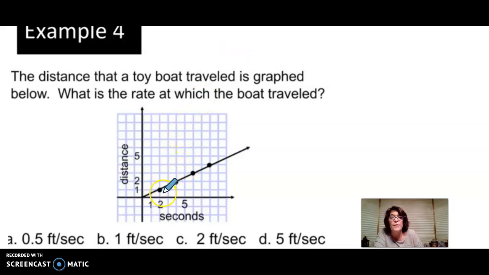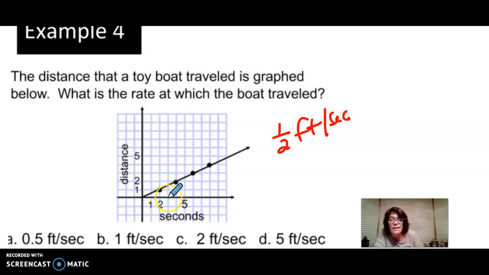That's the rate. At 2 seconds, he was 1 foot. At 4 seconds, he was 2 feet. That's up 1 over 2. It's a half a foot per second. Every second, it gets a half a foot more. Do you see that?